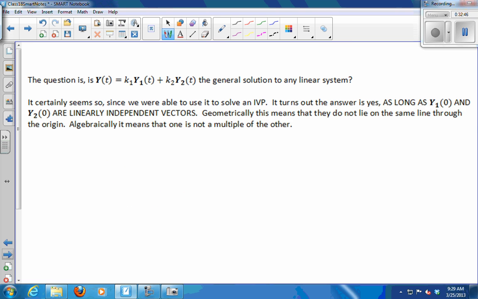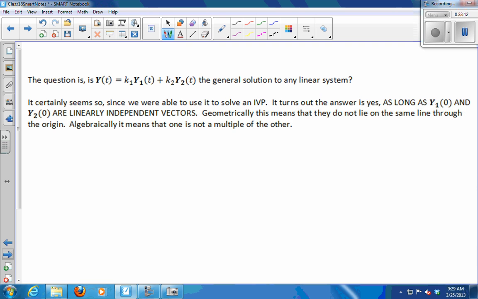So the question is, is k1 y1 plus k2 y2 the general solution to any linear system? And it certainly seems so, right? Like you already drew that conclusion, because we can use that general formula to solve an initial value problem. And it turns out the answer is yes.